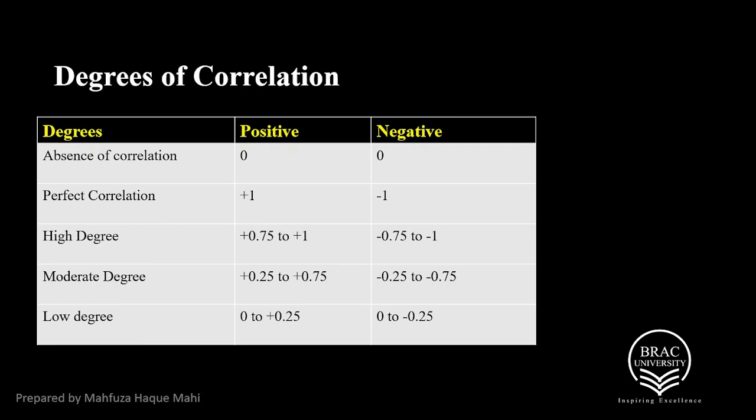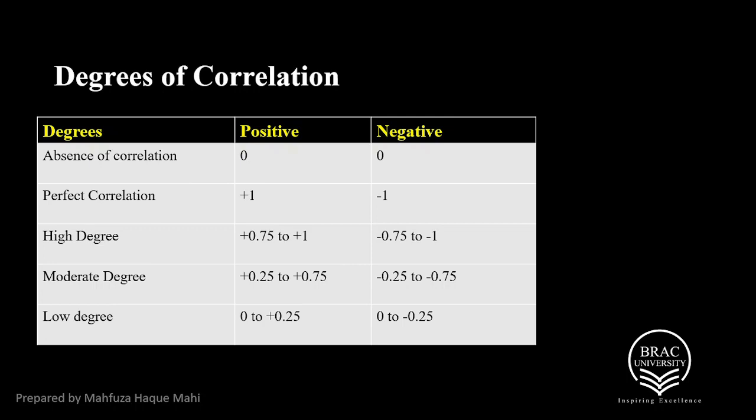If r varies from +0.75 to +1, it means there exists high degree of positive correlation. Besides, if r varies from -0.75 to -1, it implies that there exists high degree of negative correlation.